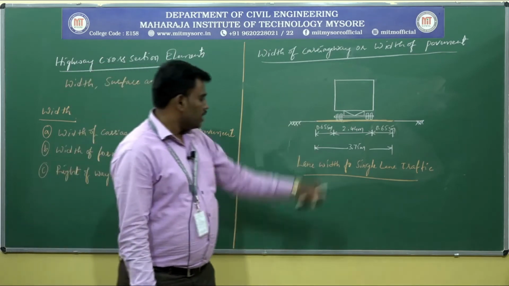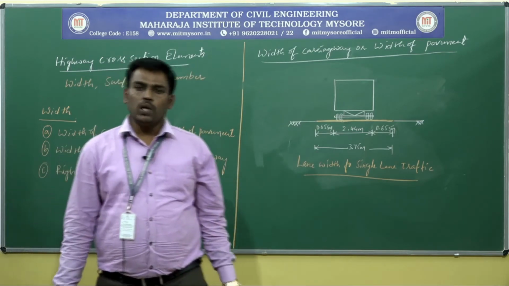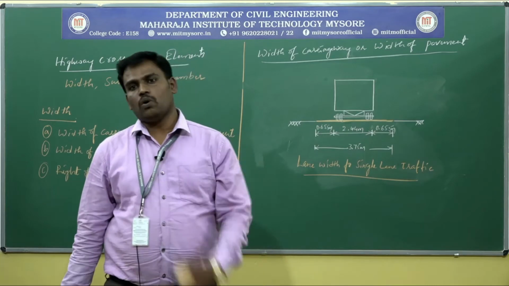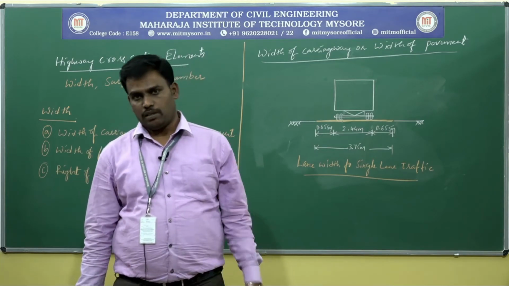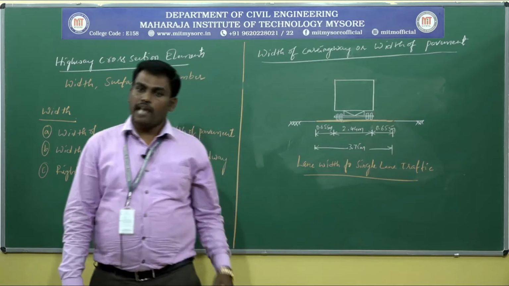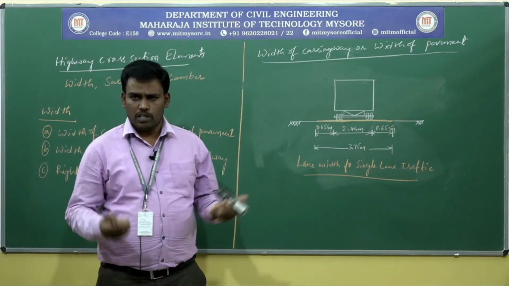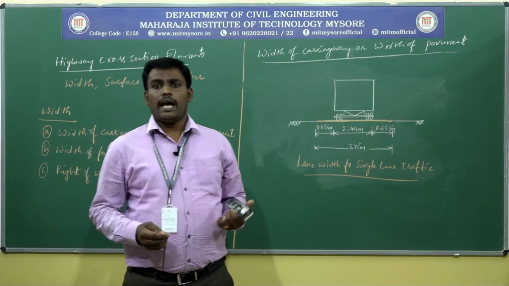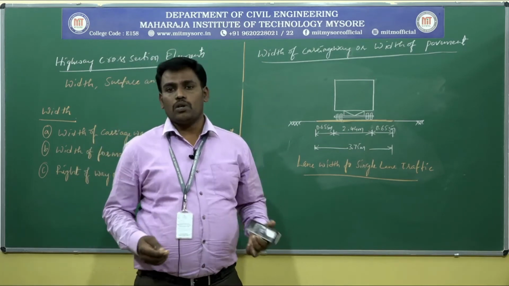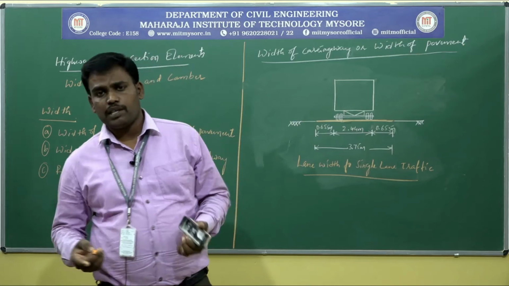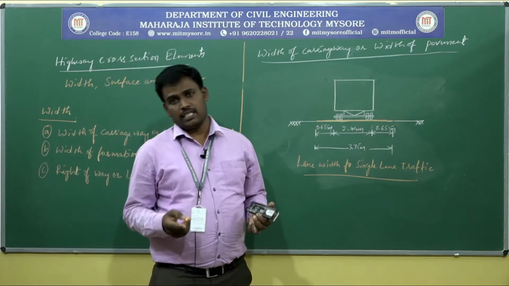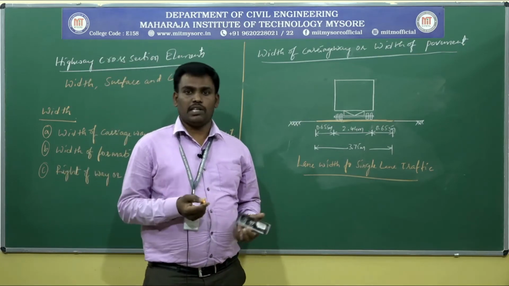Okay, next, similarly for the two lane, that is double lane roads, it's about 7 meter. There also the maximum permissible width of the vehicle is fixed, that is 2.44 meter, and in two lane road the side clearance is about 0.53 meter and the center clearance is about 1.06 meter.